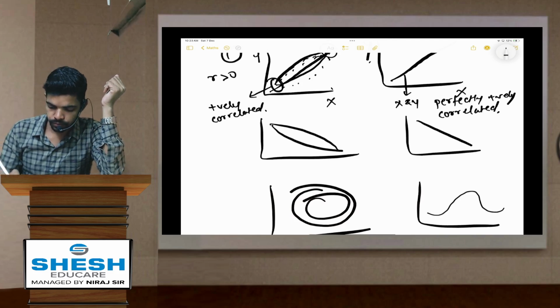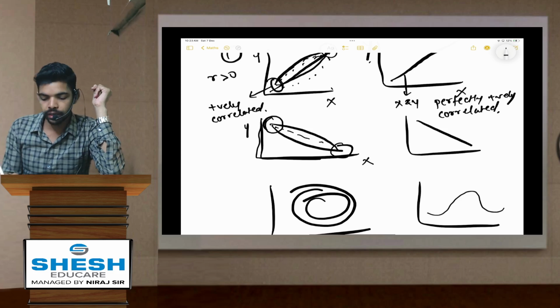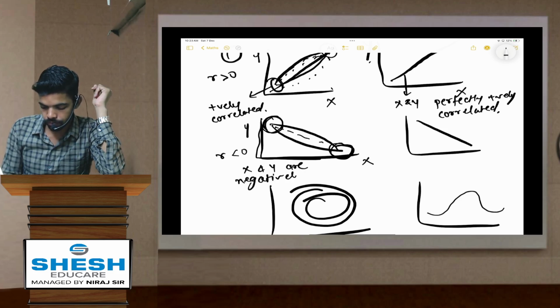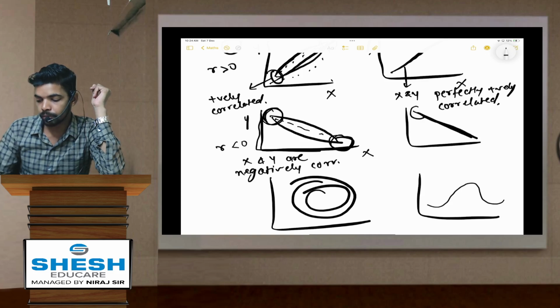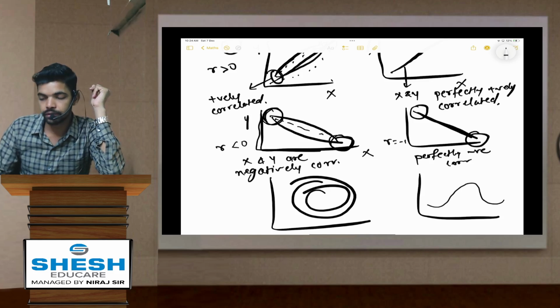Next, when the graph is downwards, from upper left to lower right, the value of r is less than 0 and we say x and y are negatively correlated. This straight line from upper left to lower right is called perfect negative correlation. Here the value of r is -1.